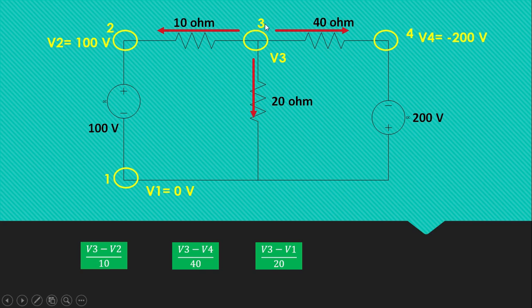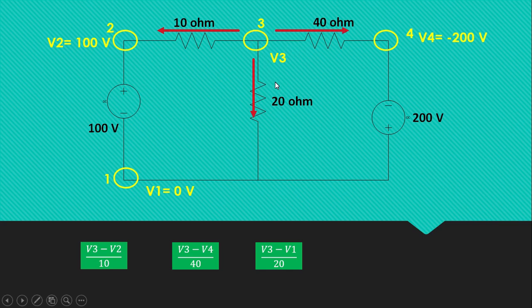So the first element is (V3 minus V2) upon 10. Similarly, for this 40 ohm, (V3 minus V4) upon 40. And for this third one, (V3 minus V1) upon 20. So these three currents are going away from node 3.